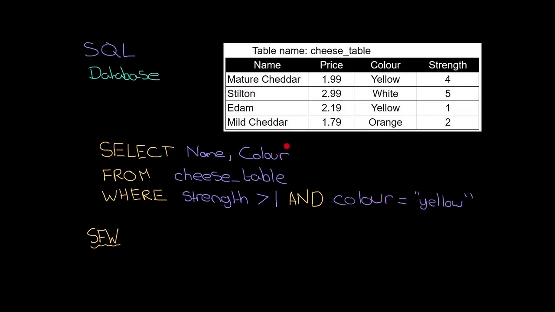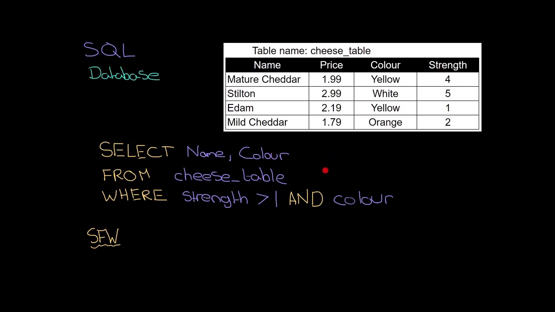If I do that, there's only one cheese which has got strength greater than 1 and colour equalling yellow. Edam doesn't count, of course, because strength is 1, it's not greater than 1, and that is mature cheddar. So what I'd expect to see as a result is mature cheddar and then yellow, because I've asked for the colour as well here.